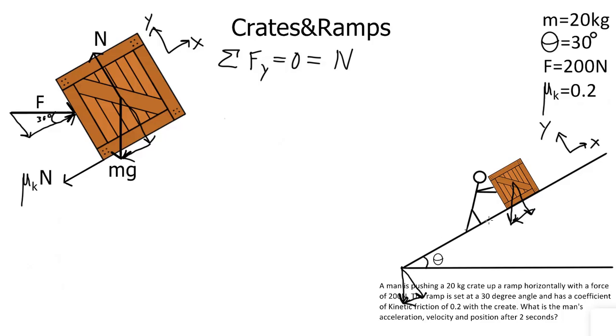Since this vector is normal to the ramp, it's going to be perpendicular like that. And since your weight is completely vertical, meaning it's perpendicular to the horizontal, this is also 90 degrees. Let me draw that a little bit better. So that's 90 degrees then.